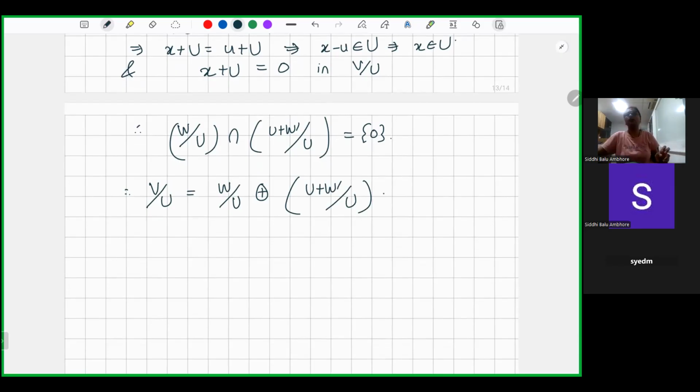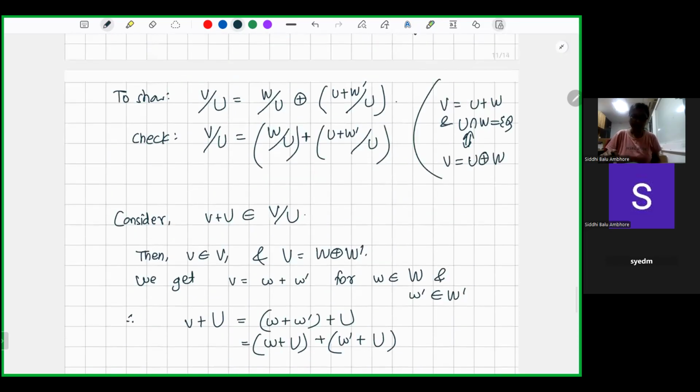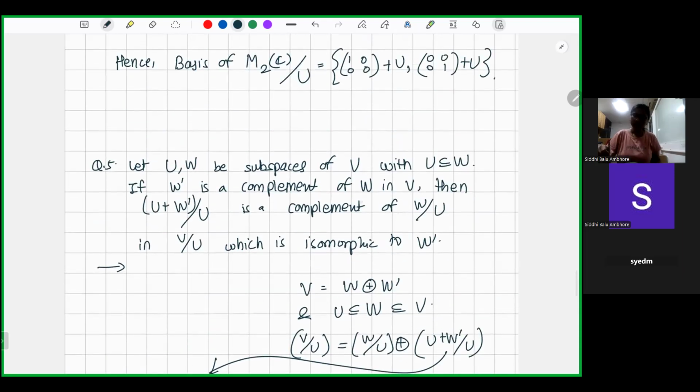Okay. I hope this was okay so far. Okay. And now the isomorphism part. So the second part of the question is that this is isomorphic to W dash.